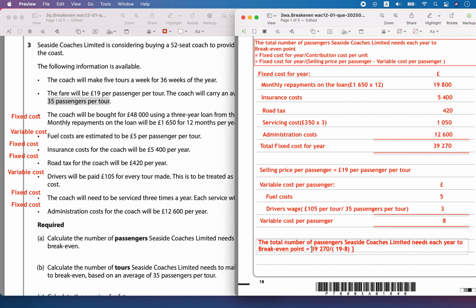So that is 39,270 divided by 11, which is equal to 3,570 passengers. So they need to carry at least this many passengers to break even.